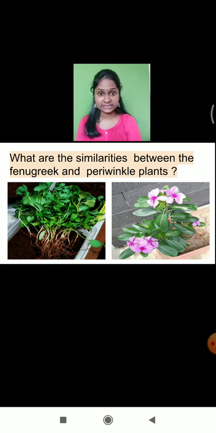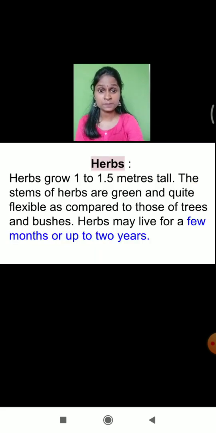Okay. So these plants which are smaller even than the shrubs, they are called as what? Herbs. What do we call them? Herbs. Okay. So herbs grow 1 to 1.5 meters tall only. They don't grow as tall as shrubs and trees.